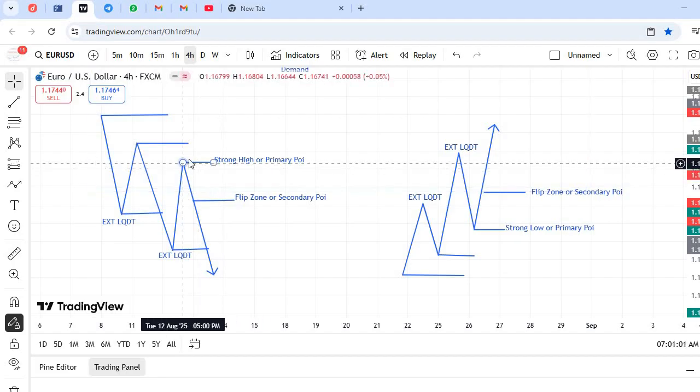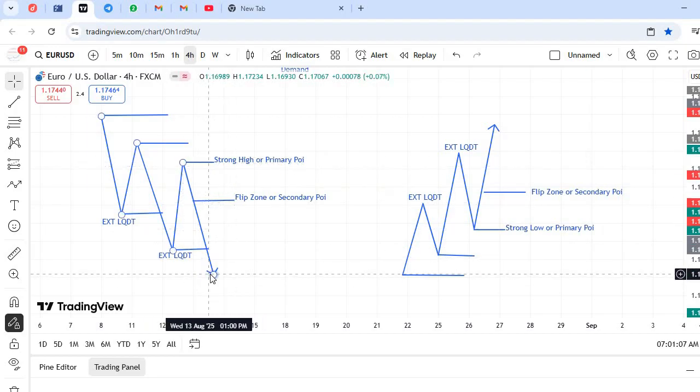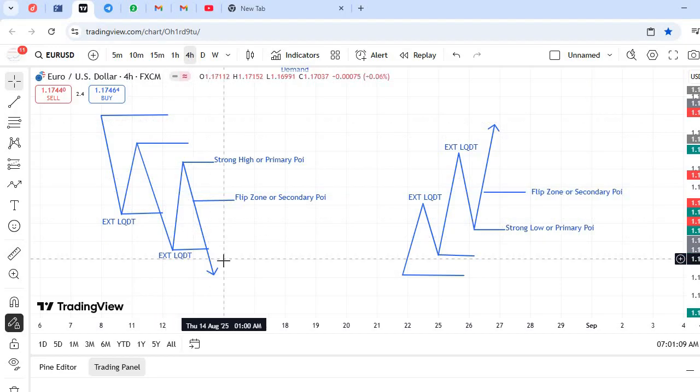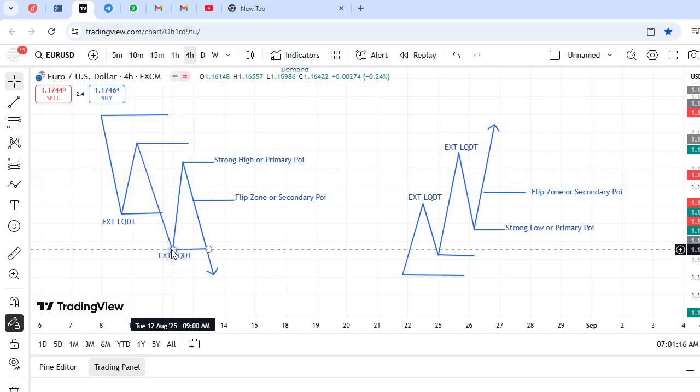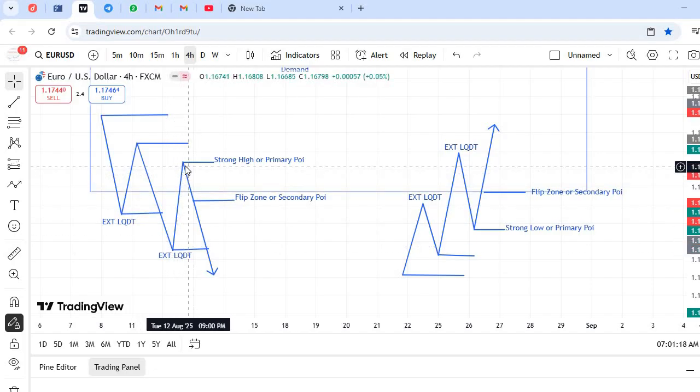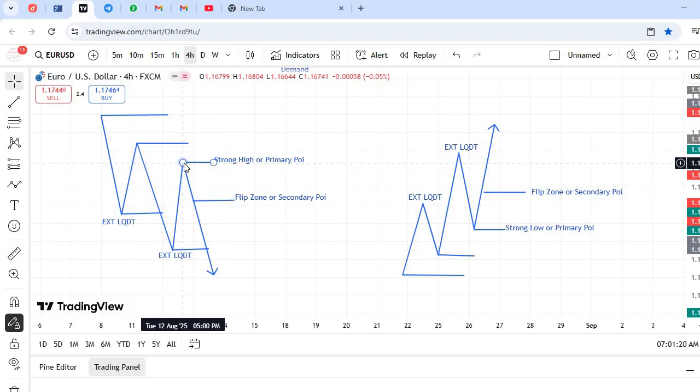So you want to focus on this area. Since it's still a downtrend, you want to focus from here to this place. So let me come again. Whenever a low is being taken out in a downtrend, you locate the supply.